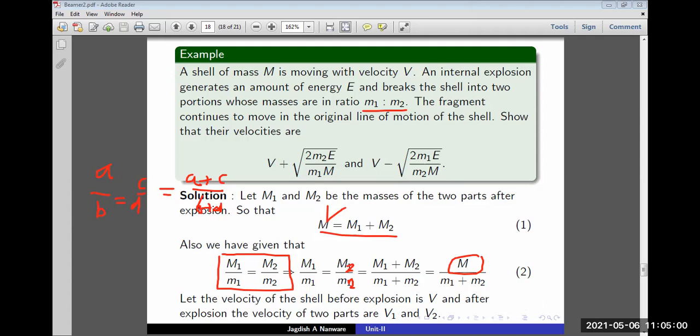Now let us consider the velocity of the shell before explosion to be V, and after explosion the velocities of the two parts to be V1 and V2. So we assume this and see what we have further.